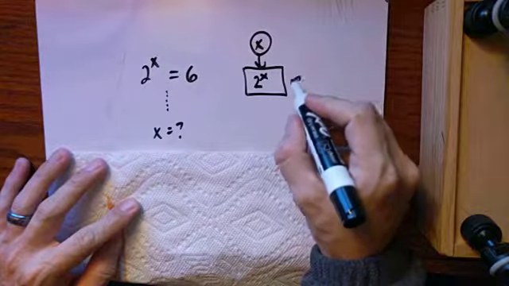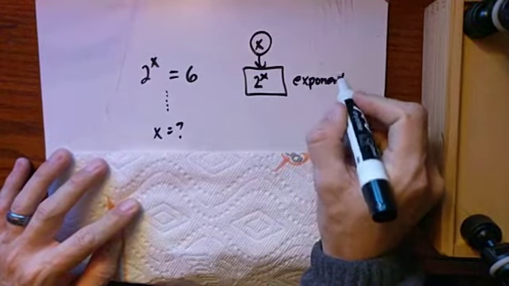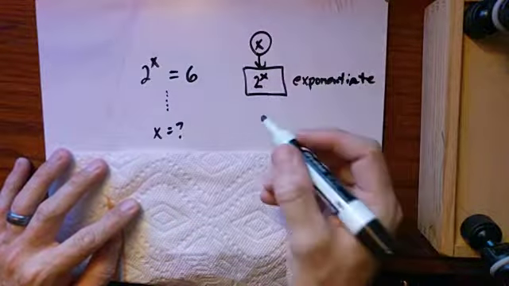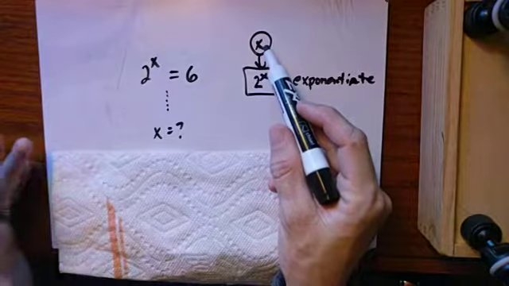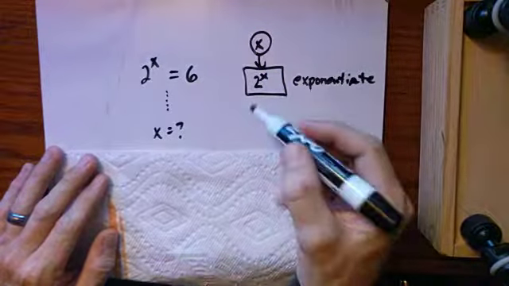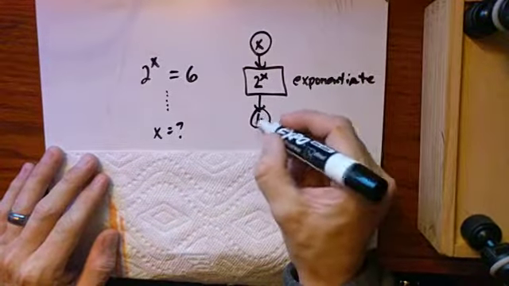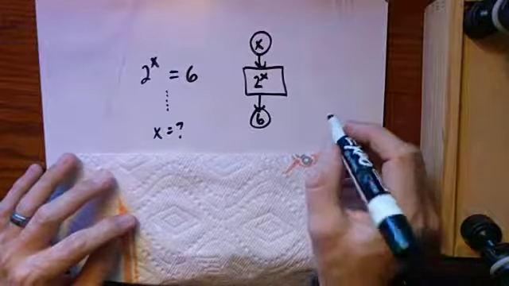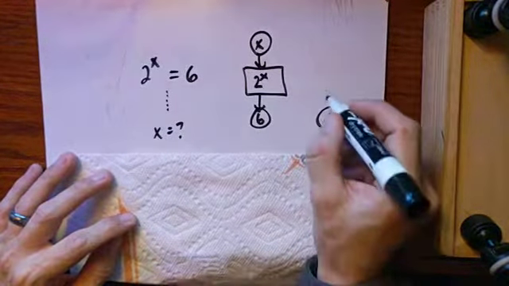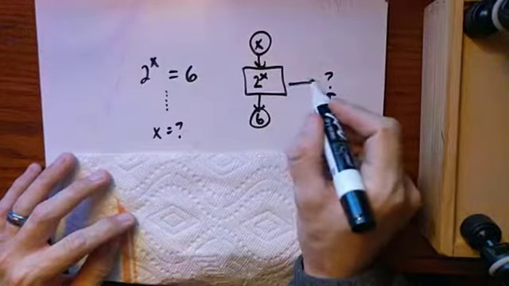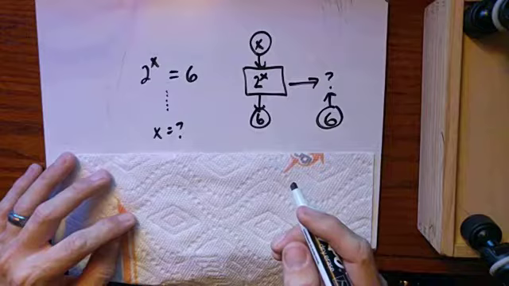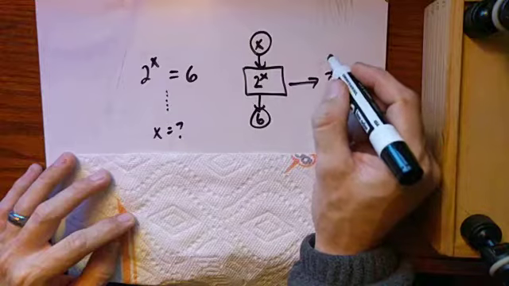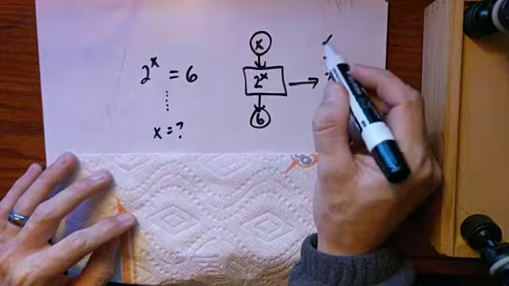This, by the way, is called exponentiating, with a base of 2. You take your original input and slap it as an exponent on a 2 and you get 6. So if you're solving this, what do you have to do? You have to take 6 and figure out what the inverse operation of exponentiation is. Good question, isn't it? But if you can figure out that operation, then you can figure out what x was.